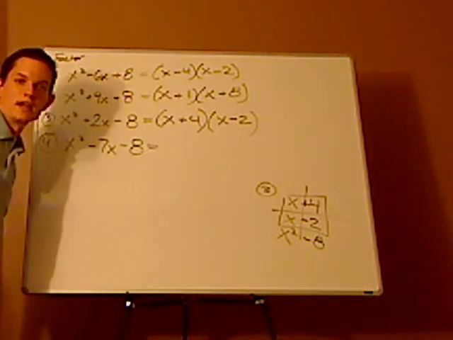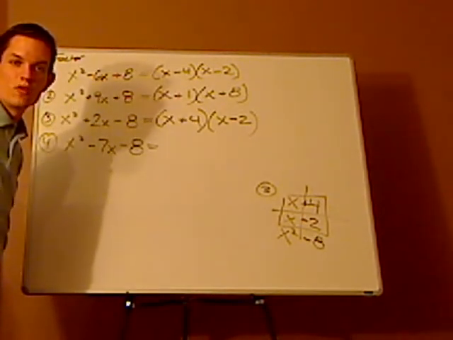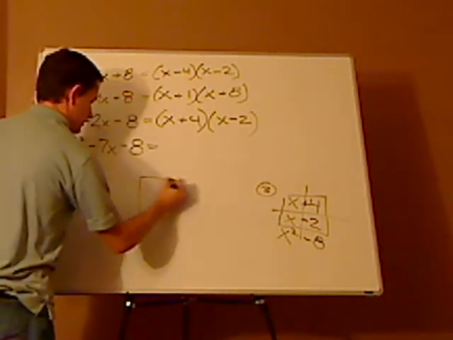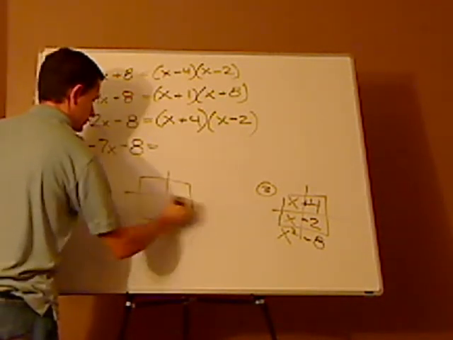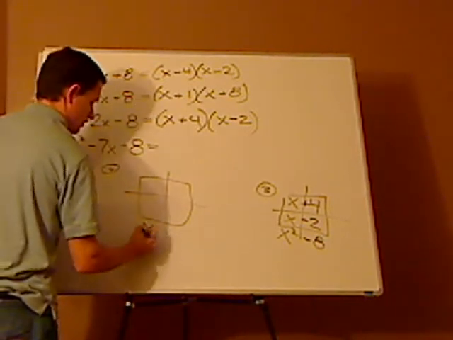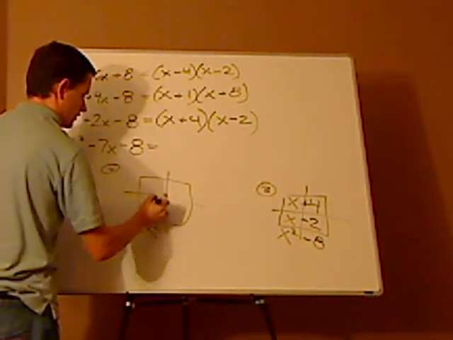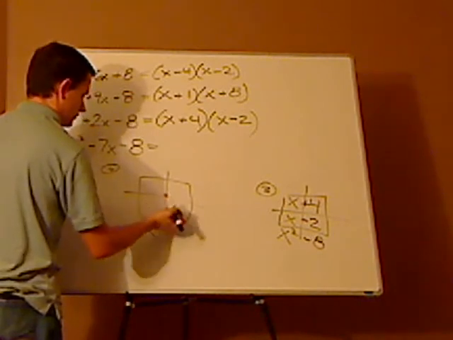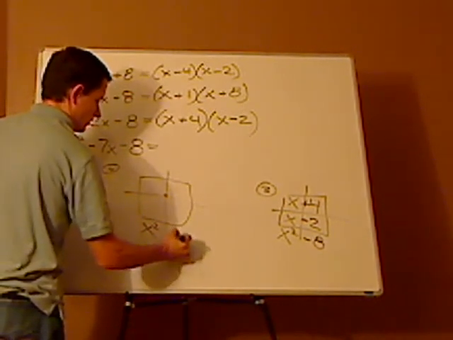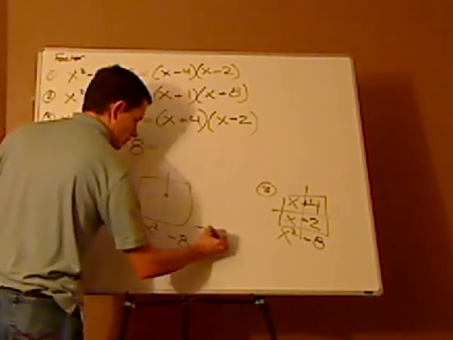Now let's calculate the last guy. The last guy is x squared minus 7x minus 8. So again, I set up the box for this is x squared. Again, the diagonals indicate the middle term. This times this gives me the last.